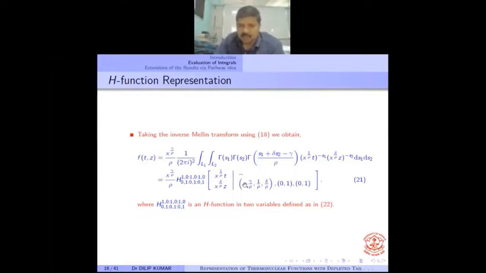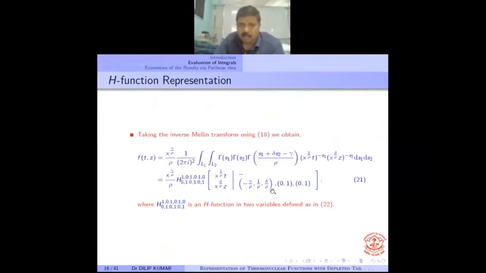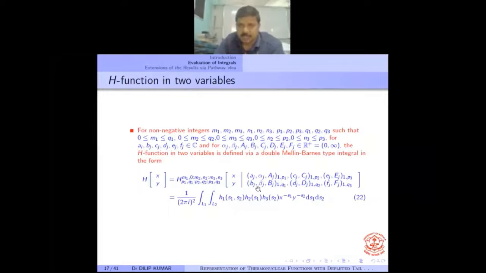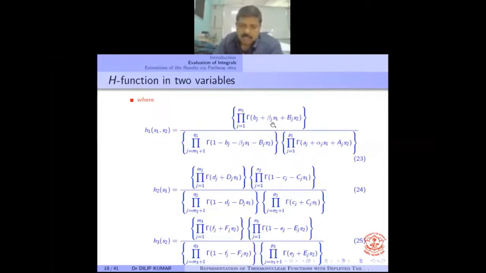Okay. And here it is nothing but the gammas which are written in this form. If there are positive gammas, you can directly write those functions. The coefficients are directly written here. Gamma of bj plus beta j s1 plus bj s2. So here are the coefficients: it's a constant one, this is the coefficient of s1, and it's the coefficient of s2, like that.